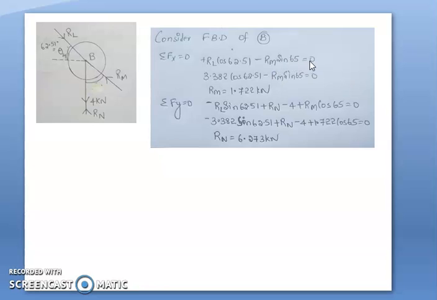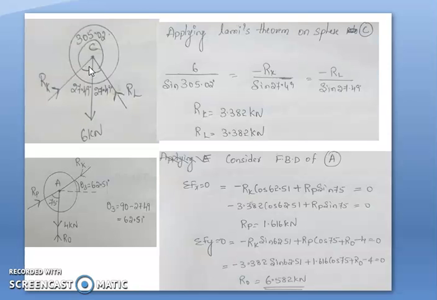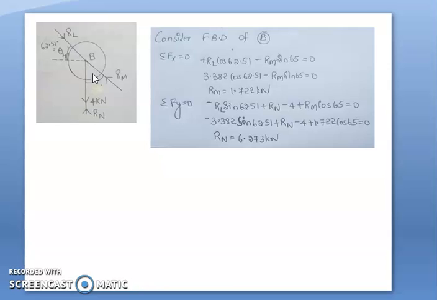And I know the value of RL from sphere number C. So apply the value of RL, 3.382 kilonewton, and minus RM sin 65 equal to 0, and only one unknown which is nothing but RM. Calculate RM, and RM works out to be 1.722 kilonewton.